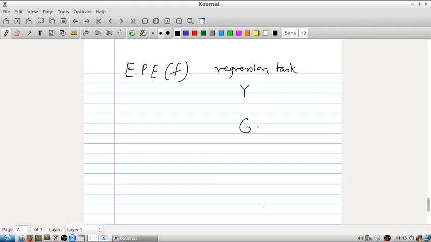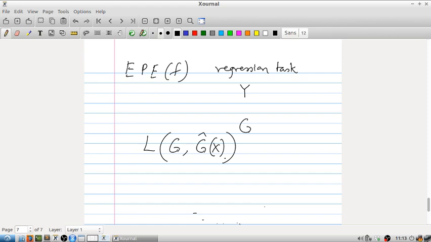So for that, we need to define again a loss L, which is going to quantify this. Instead of f of x, I'm going to call G my variable that I want to predict. G can be cat versus no cat, let's say it's just binary. And instead of f, I'm going to use G hat of x. In the regression case, I'm using f of x. Here, I'm just using G hat of x.